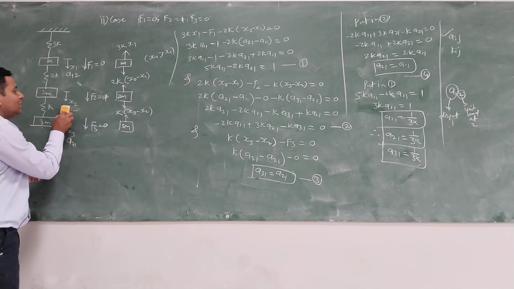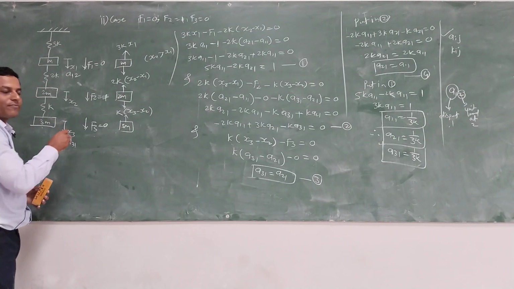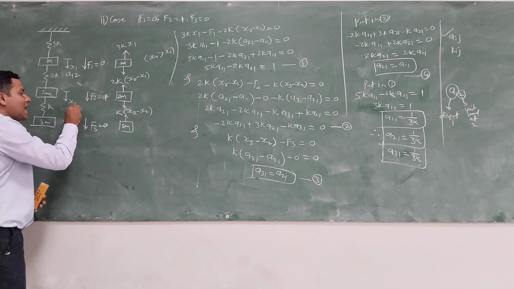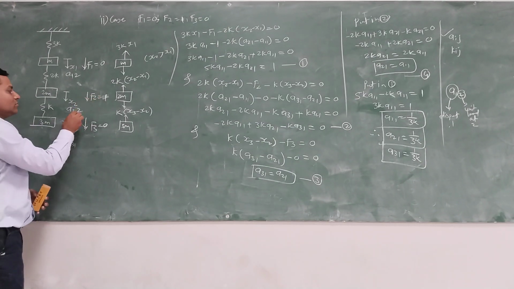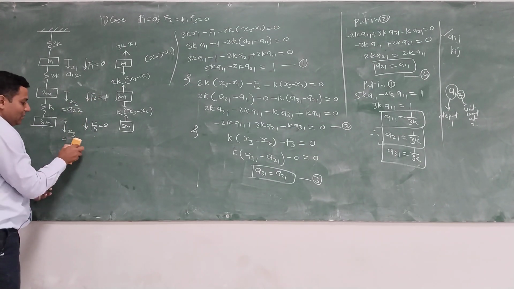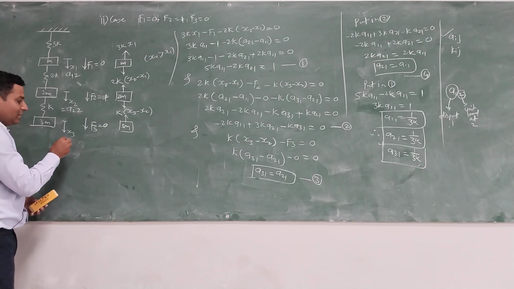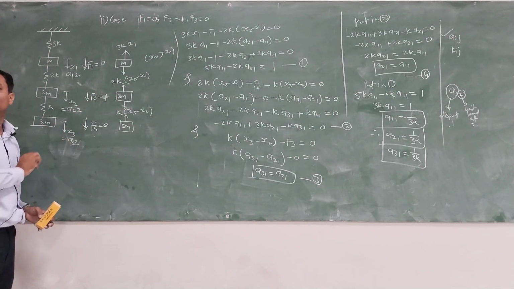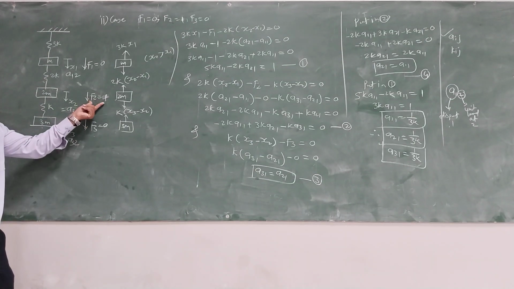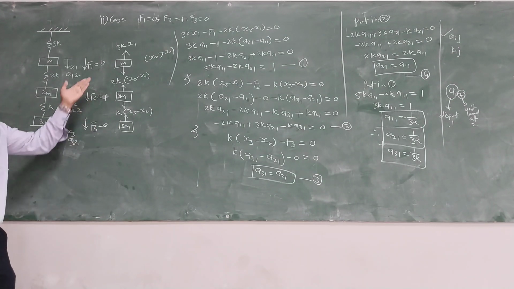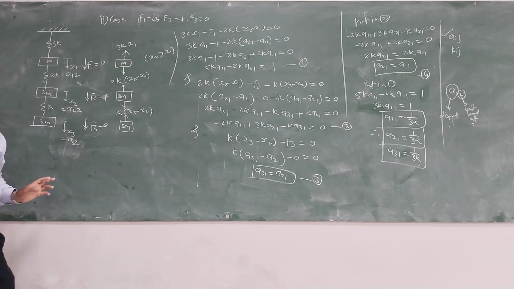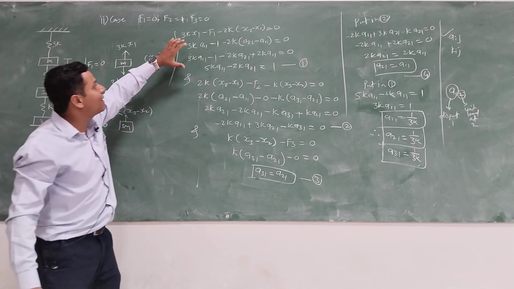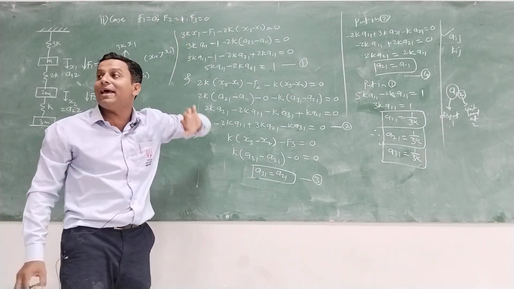So this x2 will become displacement at 2 due to unit force at 2, and this x3 will become displacement at 3 due to unit force at 2. Since the force is given at 2, F2 is equal to 1 is written and the rest are all zero. Understood, only this much is the change. The FBD will remain the same. Even the first equation will remain the same.